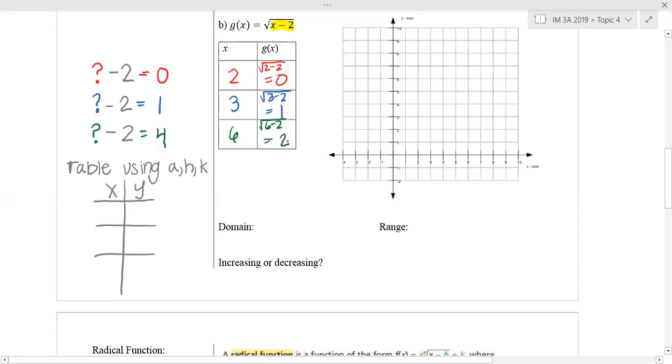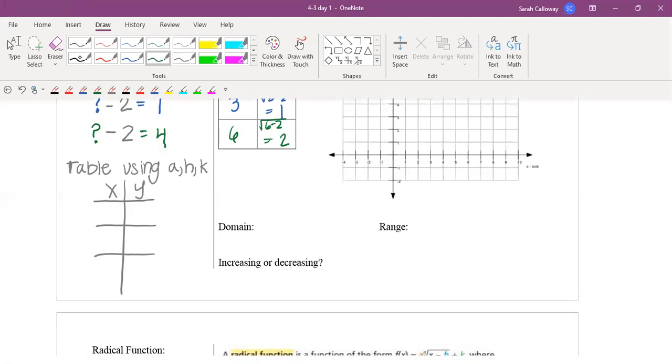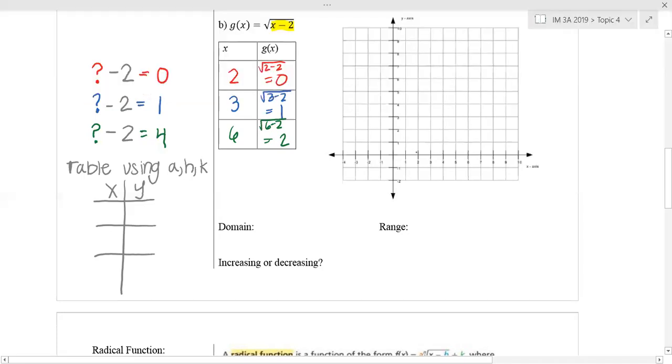So what this means is that the points for this graph are (2, 0), and then (3, 1), and (6, 2).